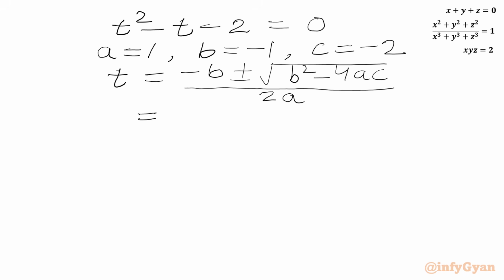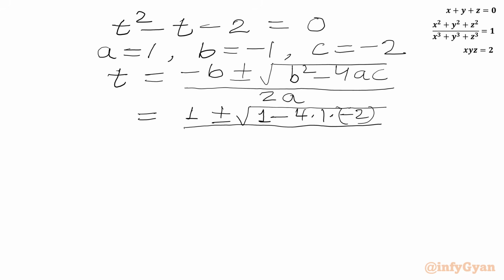Let's apply all the values. Minus b, so minus of minus 1 is plus 1, plus minus square root of minus 1 square is plus 1 minus 4 times 1 times negative 2, over 2 times 1. So value will be equal to 1 plus minus square root of 1 plus 8, that is 9, over 2.